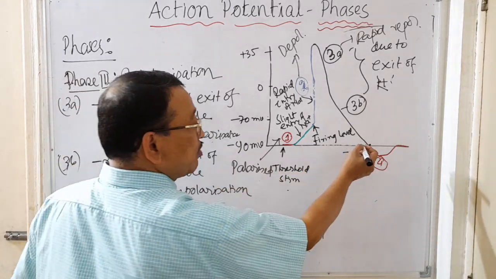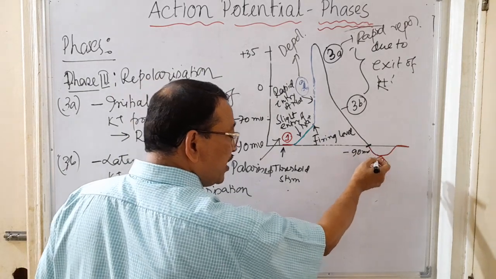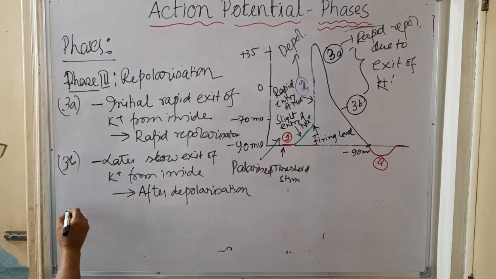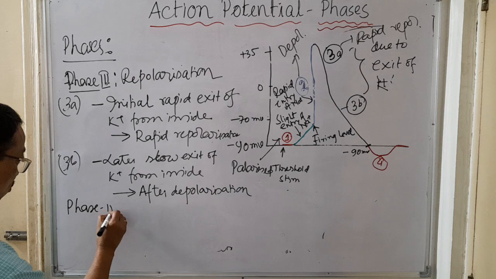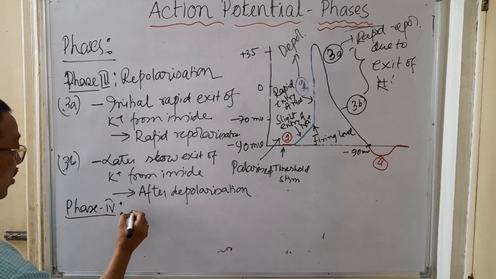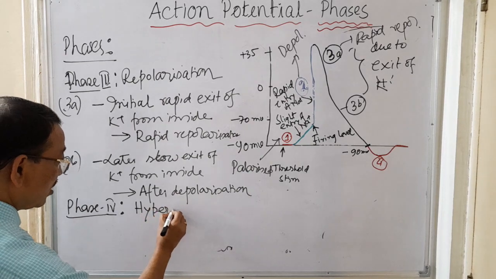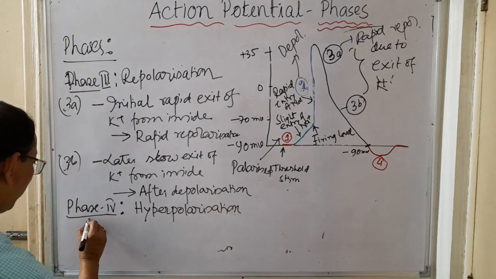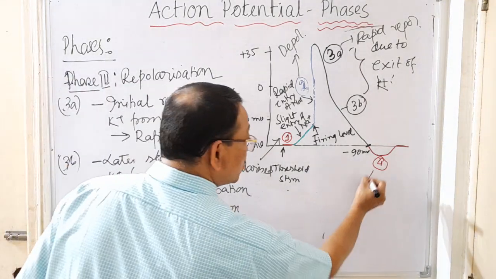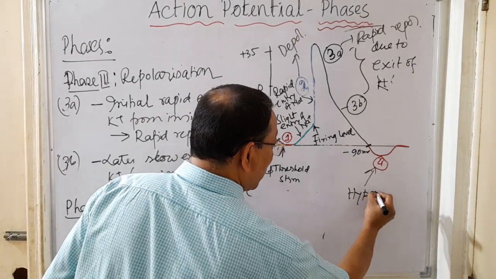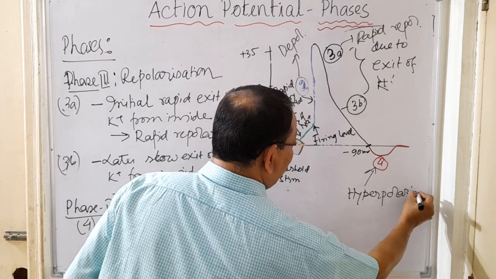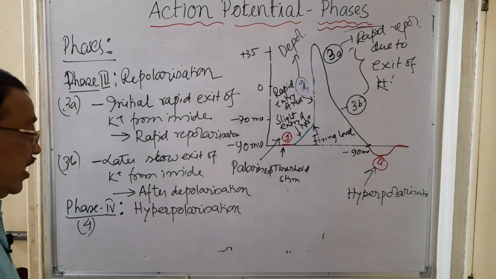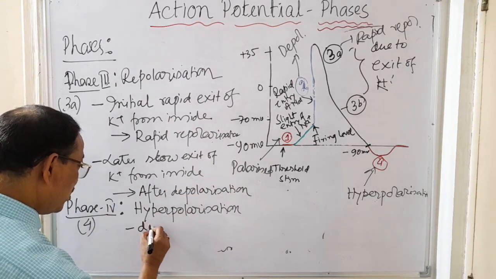The resting membrane potential further increases from minus 90 to, for example, minus 100, and this is phase 4, the last phase, which is known as the hyperpolarization.